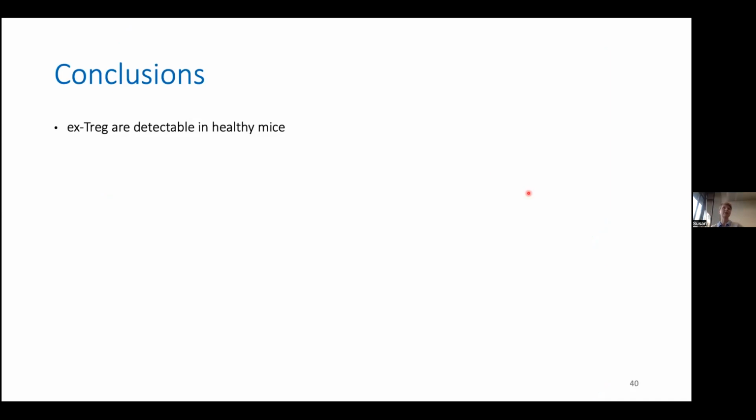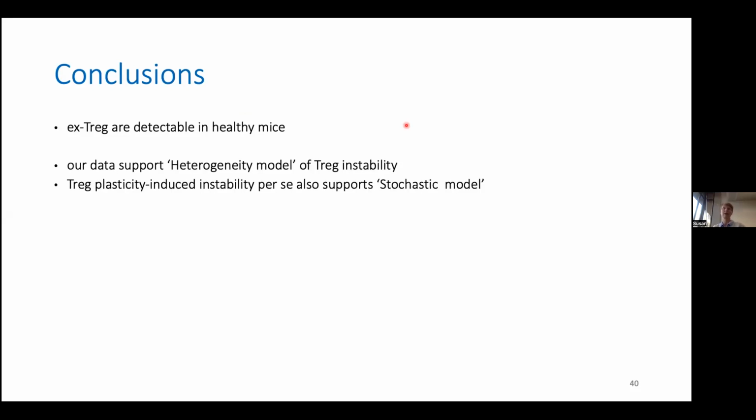So in conclusion, xTreg are there, they're detectable in healthy mice, and generally our data support a heterogeneity model of Treg instability, but it's one model or one experimental setup that we're using here. The plasticity-induced instability per se could also support the stochastic model, because Treg plasticity is also not something static.